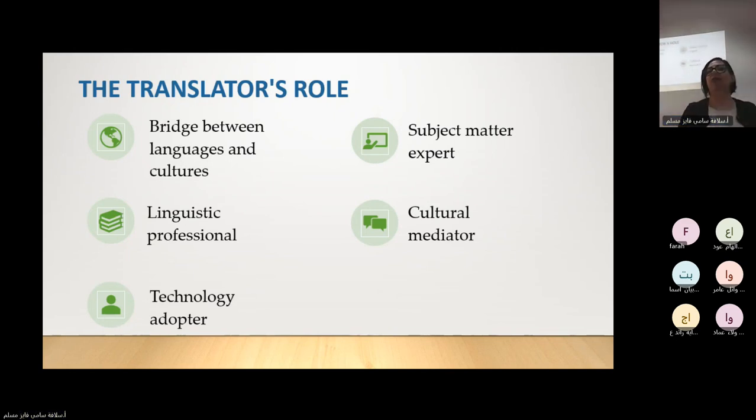Technology adopter. As a translator, do I still write by hand? I can't. I have to use technology, and the latest technology. If AI has become the most important technological development in history, I have to adapt to it.